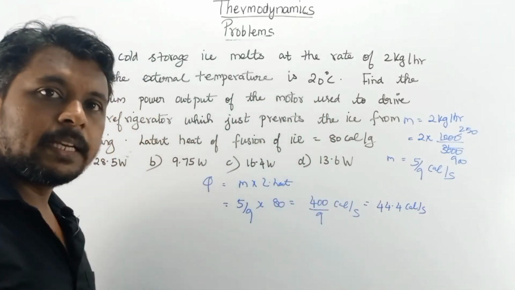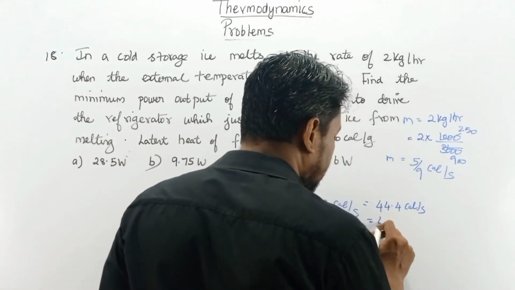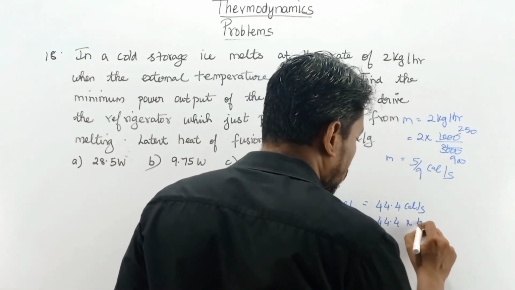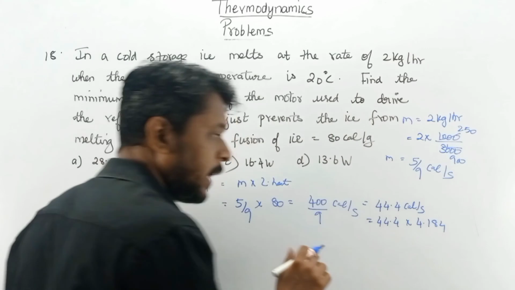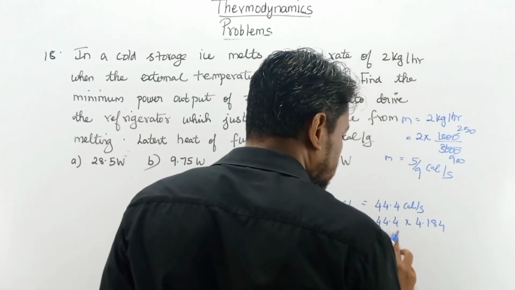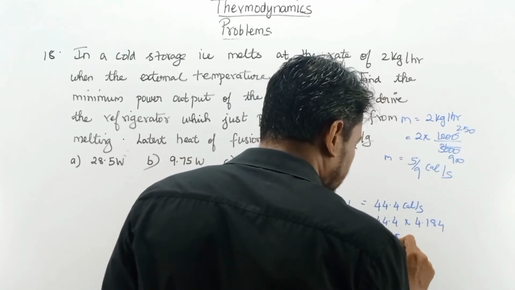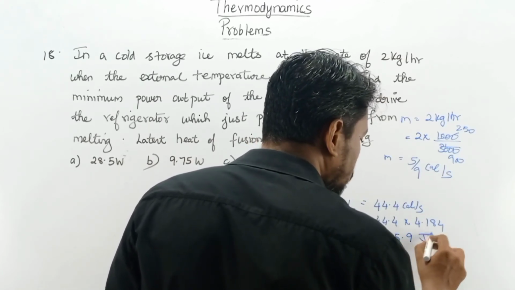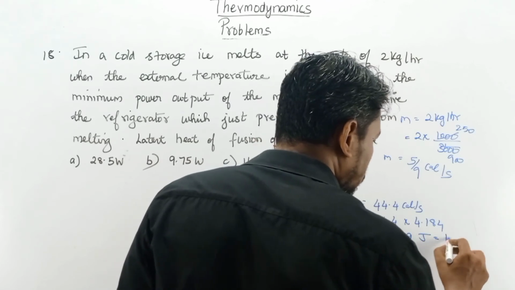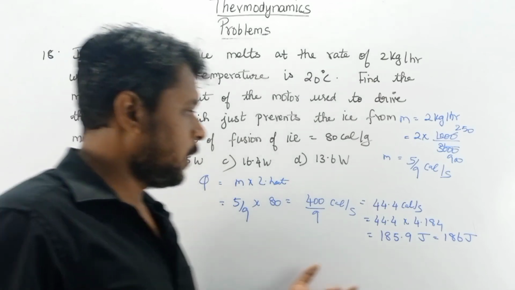But we want the heat in terms of joules, so I am going to multiply this value by 4.184, because 1 calorie is equal to 4.184 joules. When you multiply this, you will get approximately 185.9 joules, so it will be equal to 186 joules. So we have found the value of Q.